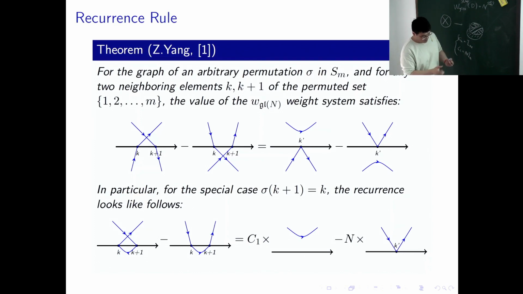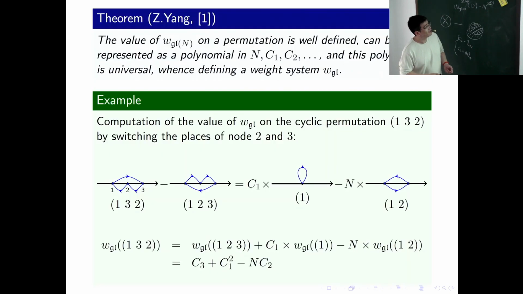And you can always, by switching neighboring vertices, make a permutation a product of the standard cyclic permutations. And this value of the permutation is represented as a polynomial in n, c1, c2, c3. And by this definition, it is universal. You can define it without the n. You can let n be just a variable like c0.